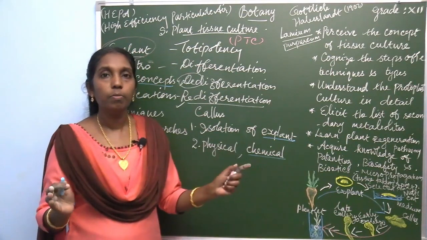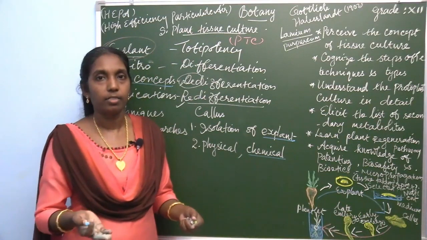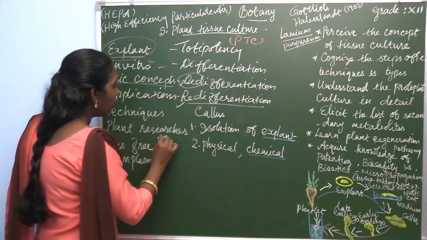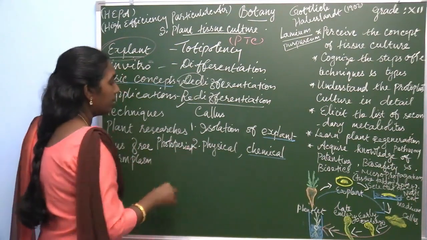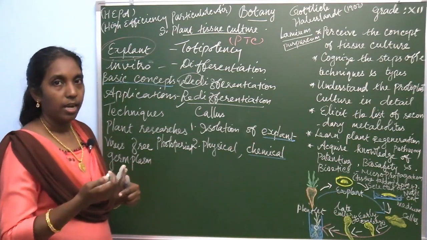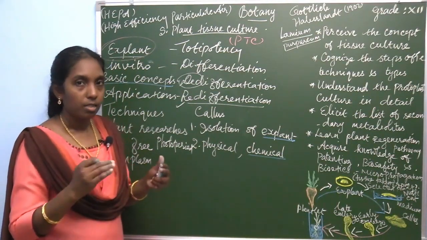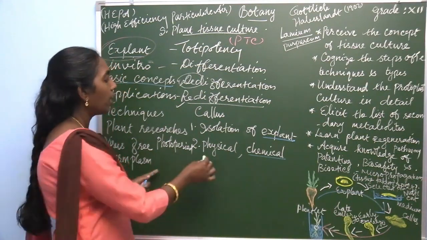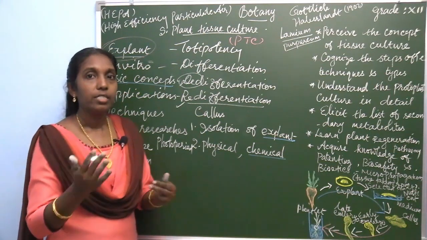Naturally, plants develop in direct sunlight. Sunlight is needed, so there is the photoperiod: day length, day time and night time. There is a particular time, and this photoperiod is a necessity. The physical environment includes this light and dark period.